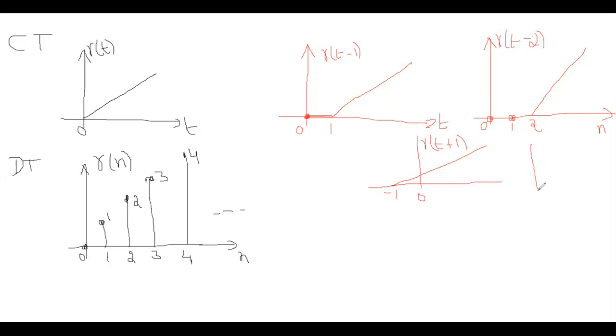And in a similar way r of t plus 2 means again it starts from minus 2, minus 1, the 0. Now the linear function is like this. So at minus 2 it is 0, at minus 1 it increases, at 0 it increases, and so on. The advanced function. The similar fashion applies for the discrete time function also, the advanced and the delay. And this is a delay function, delay of ramp signal examples, and this is advanced.